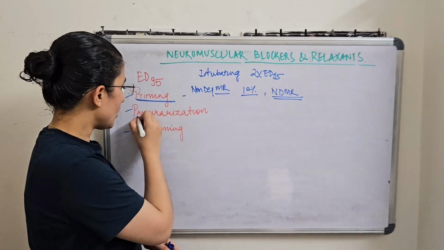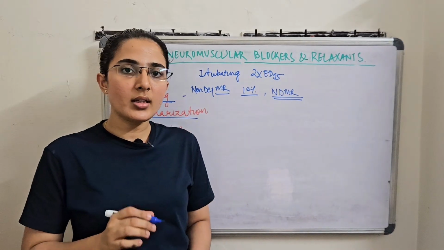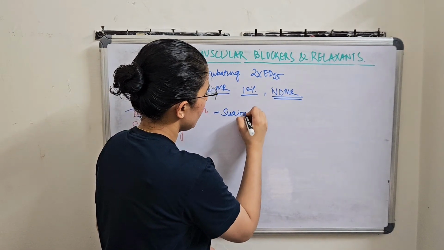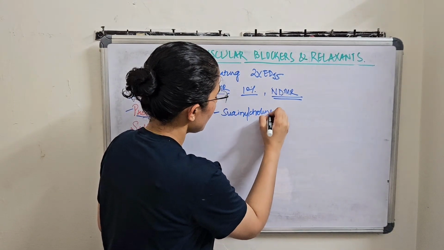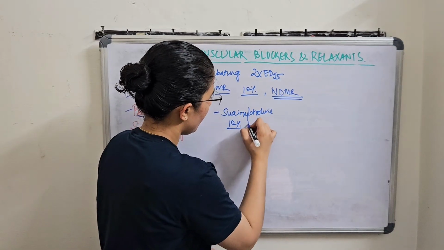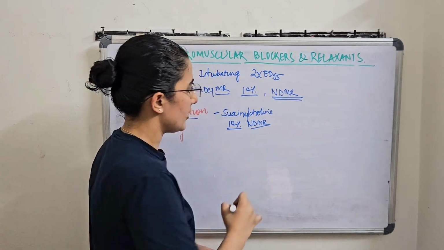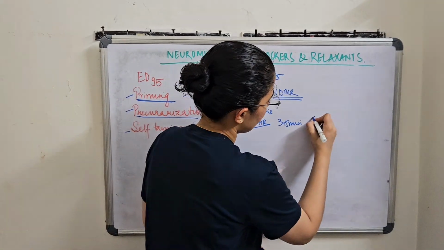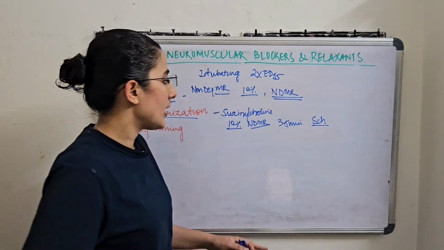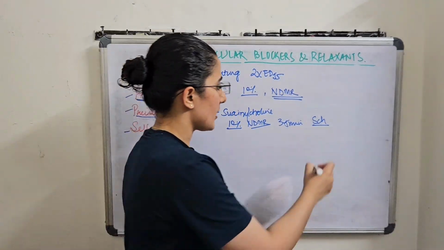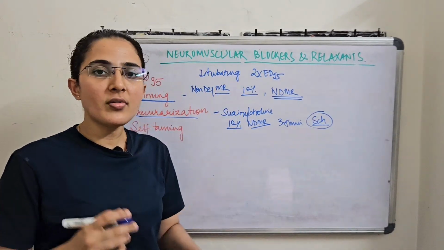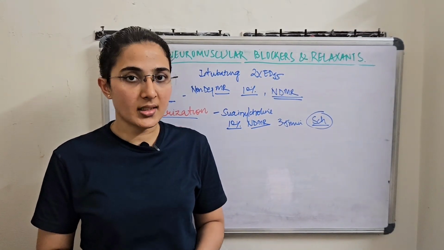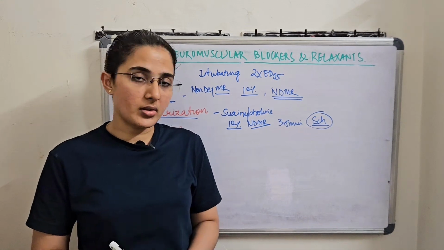Next we come to precurarization. Precurarization is when we are using succinylcholine. If we give 10% of a non-depolarizing muscle relaxant dose about 3 to 5 minutes prior to giving the succinylcholine intubating dose, this will hasten the action of succinylcholine and also help in reducing the myalgia often associated with succinylcholine because of the muscle contraction.